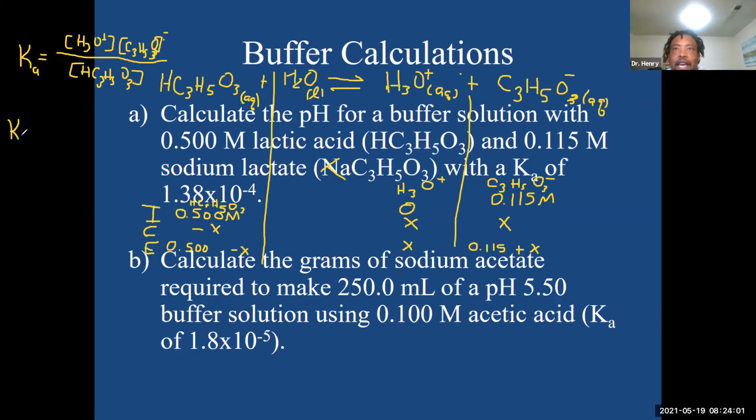Okay, so we have that Ka. Let's put in those numbers. So up top, we have X times 0.115 plus X, over 0.500 minus X. And we know what our Ka value is because they give it to us, right?